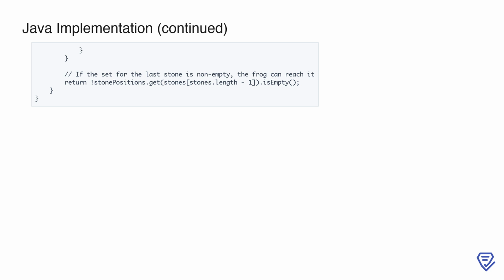If this set is non-empty, it means the frog can reach the last stone by using 1 or more valid sequences of jumps, so we return true. Otherwise, we return false, indicating that the frog cannot reach the end. This implementation efficiently uses the map to simulate all possible paths the frog can take while avoiding unnecessary computations, ensuring that we solve the problem within a reasonable time complexity.